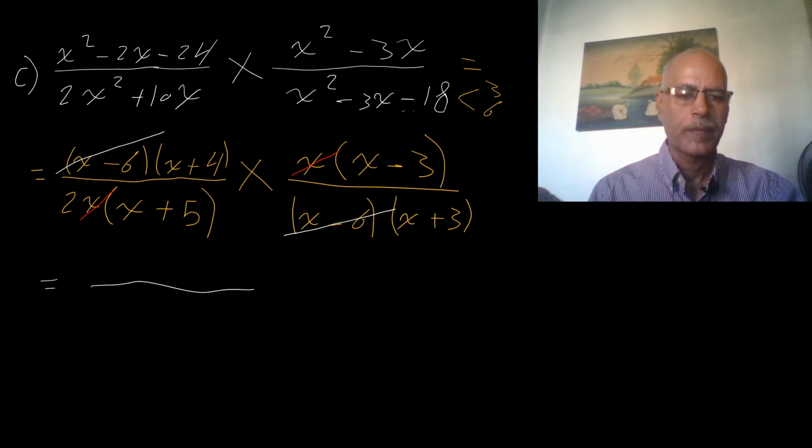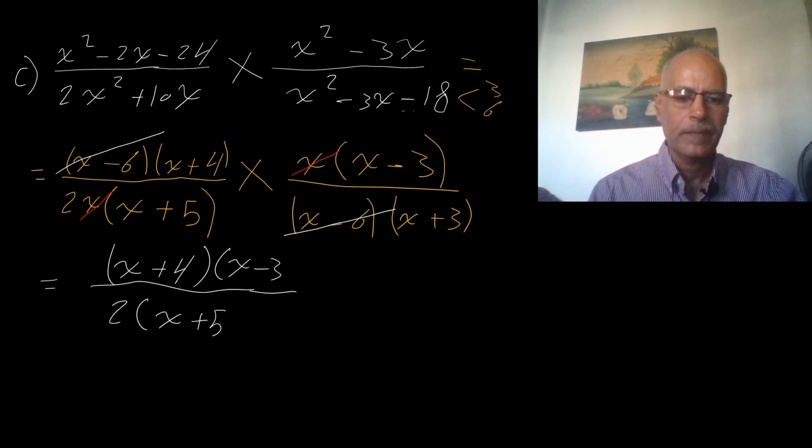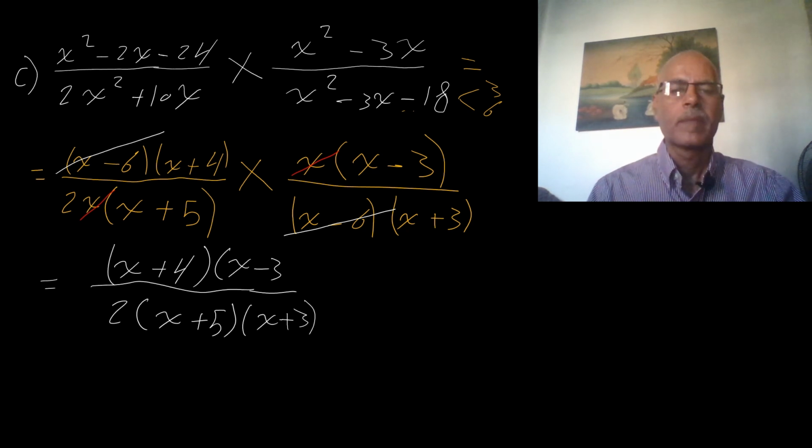It will be x plus 4 times x minus 3, over 2, x plus 5, times x plus 3, times x plus 3. And it's finished.